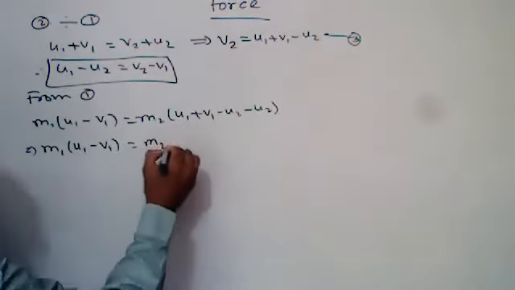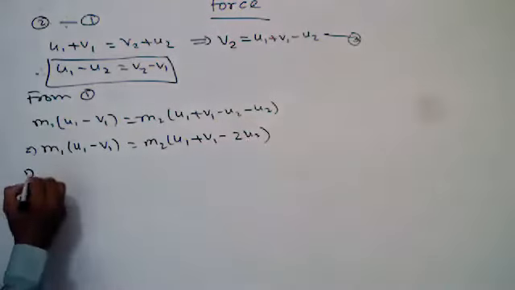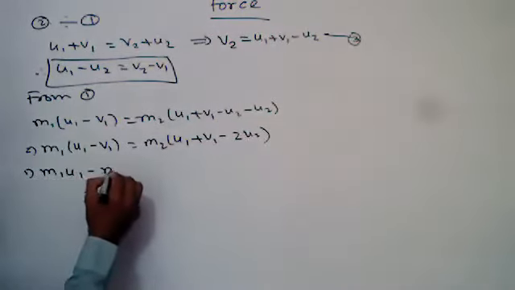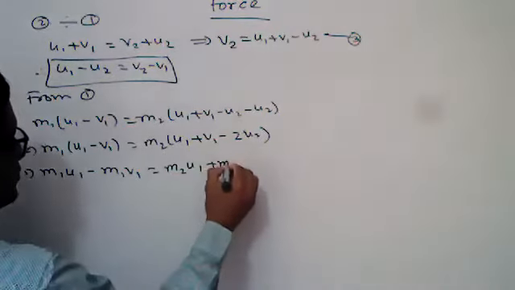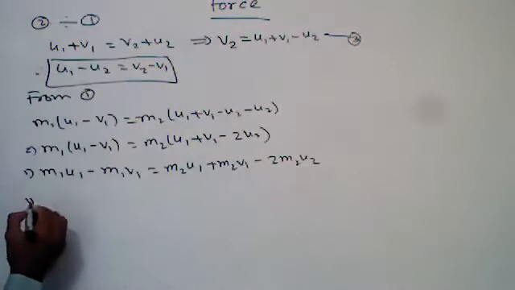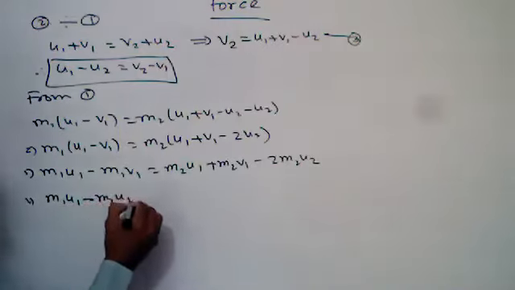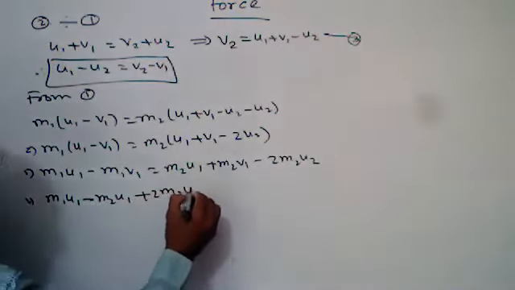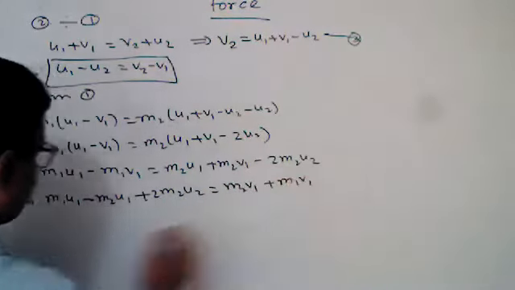So m1 (u1 minus v1) equals m2 (u1 plus v1 minus 2 u2). So m1 u1 minus m1 v1 equals m2 u1 plus m2 v1 minus 2 m2 u2. So m1 u1 minus m2 u1 plus 2 m2 u2 equals m2 v1 plus m1 v1.